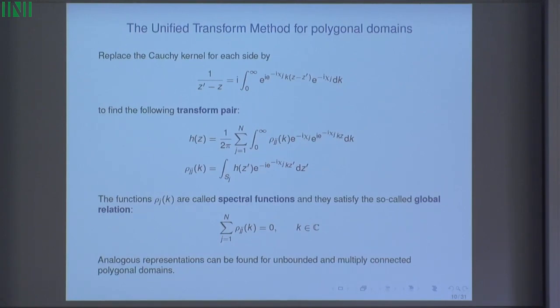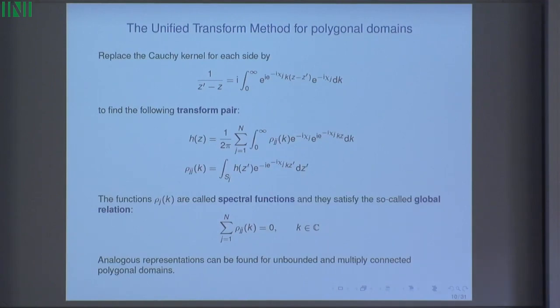And the way to find these functions is by analyzing the so-called global relation, which says that the sum of all these transforms along the boundary is equal to 0 for all k in the complex plane. So this is crucial because analyzing this expression here will give us all the information that we want to construct these functions.